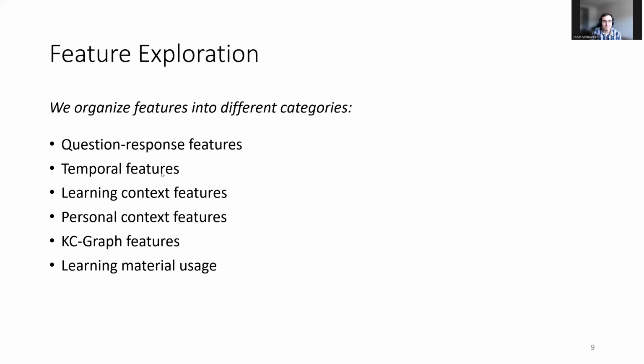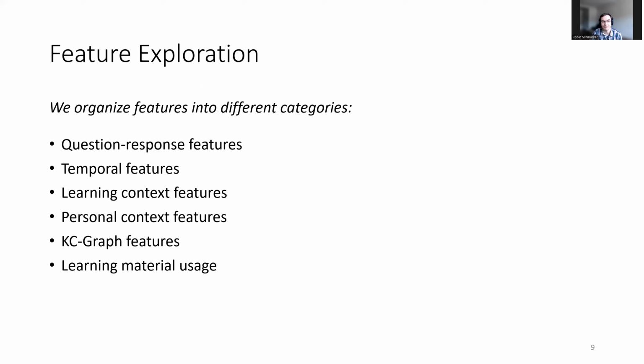We then looked at temporal features, which describe, for example, when the student answered a question and how much time the student required to solve a question. Then we looked at learning context features, which describe in which topic the student currently is, and if the question is placed, for example, in the pre-test or in the post-test session.